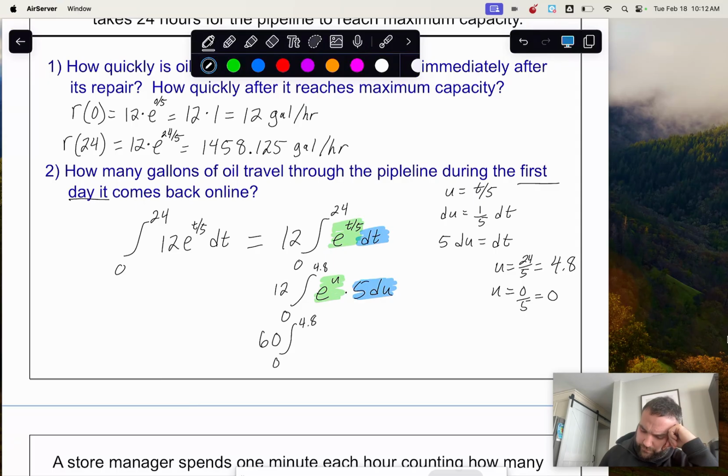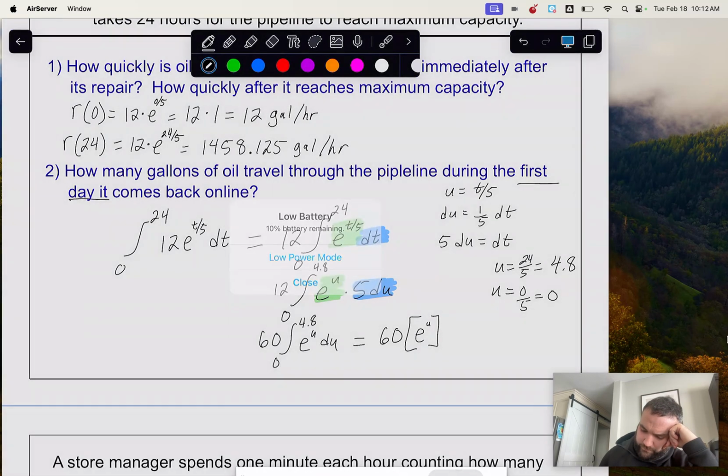So I'm going to integrate from 0 to 4.8 of e to the u du, which again is its own integral. So I have 60 times e to the u evaluated from 4.8 down to 0.